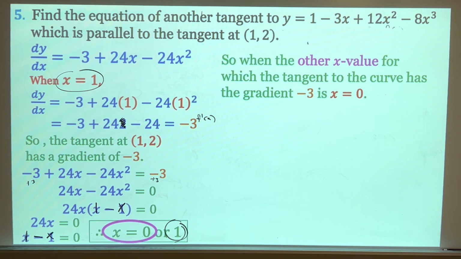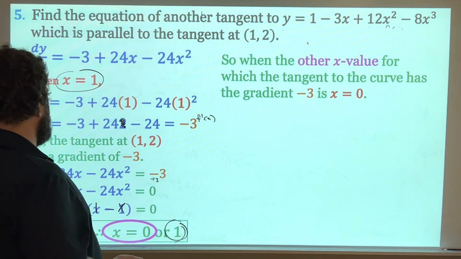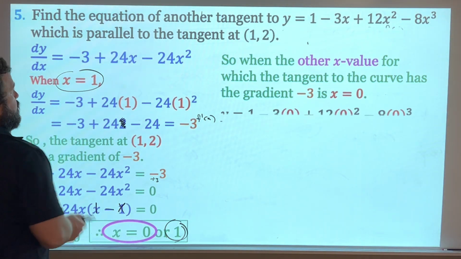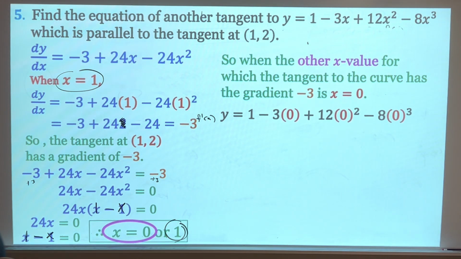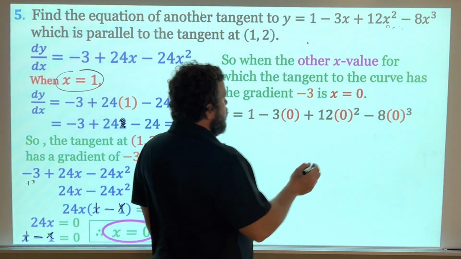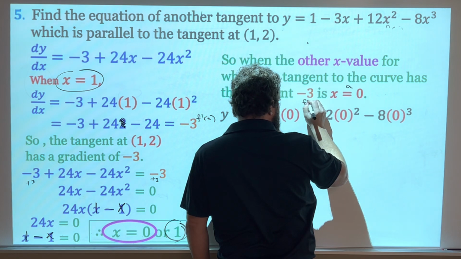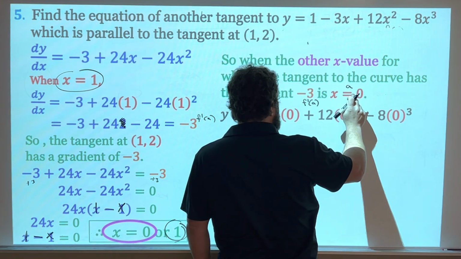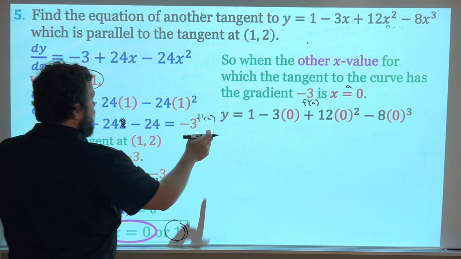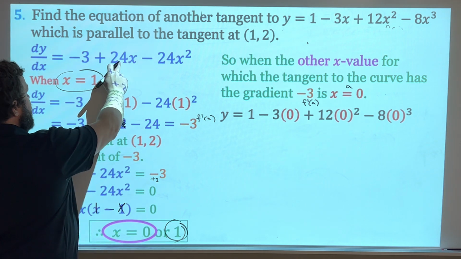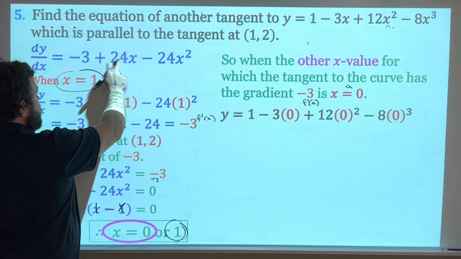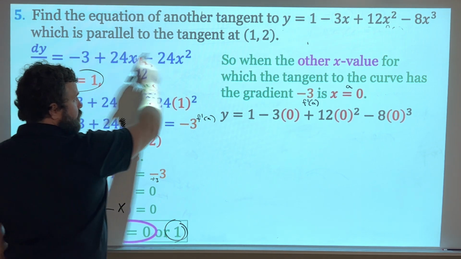So what do we have to do with that number? We're going to take that 0, when x equals 0, and plug it in where? This equation. Now watch what happens. Not into this equation, sorry. This is my a. This is my f prime a. If I plug 0 into this equation, negative 3 plus 0 minus 0 is negative 3.